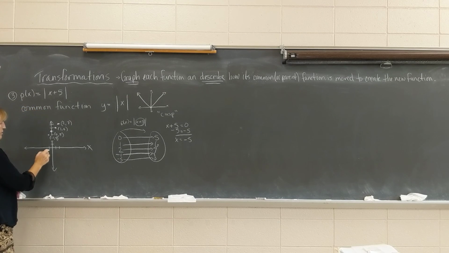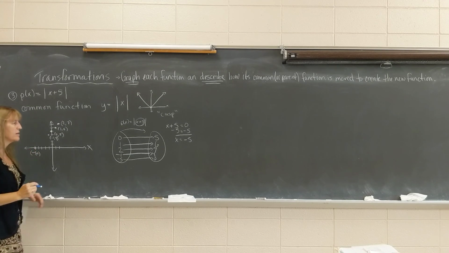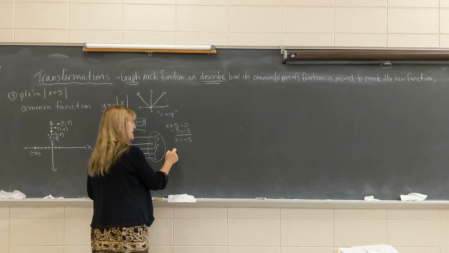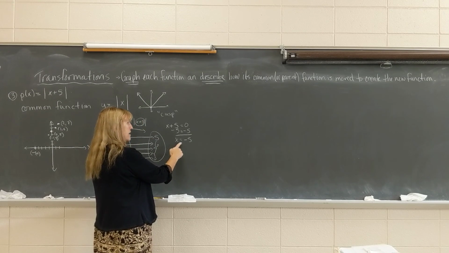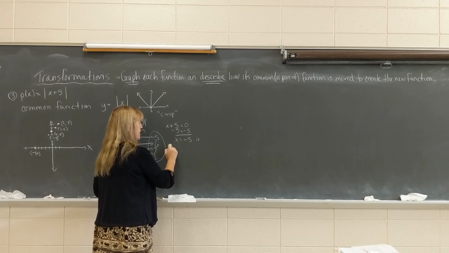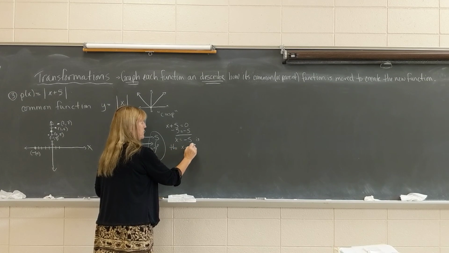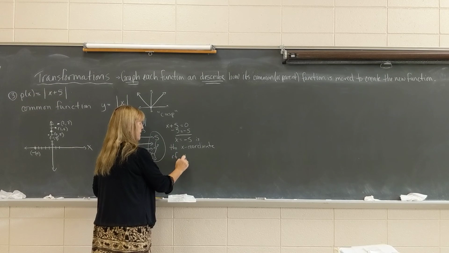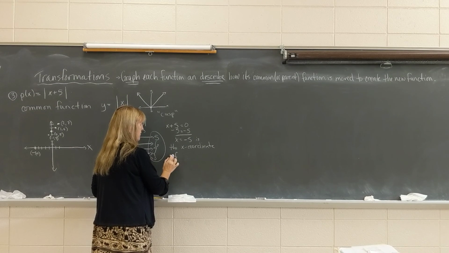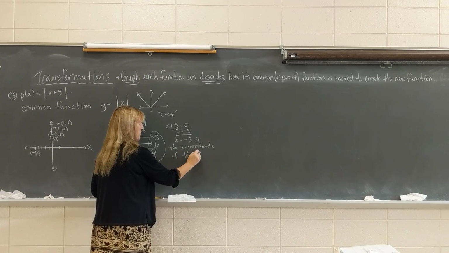Negative 5, 0. 1, 2, 3, 4, 5, negative 5, 0. Because what you do right here is you find the x coordinate to this vertex, to this cusp. So x equals negative 5 is the x coordinate of the vertex.